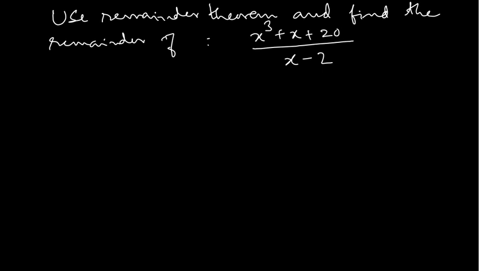So I want to get the remainder. So what is our f of x here? You have to write these things. f of x is x cube plus x plus 20.